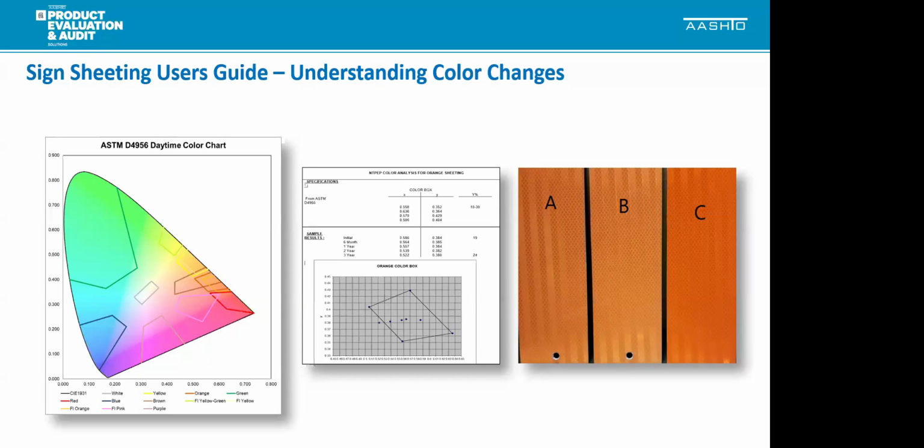And so on the right, you can see where in some cases, this is pretty rare, but in some cases you may see where the control sample C looks like it's looking pretty good compared to a weathered sample A and B.